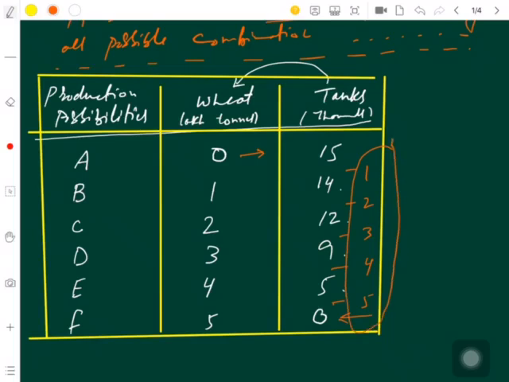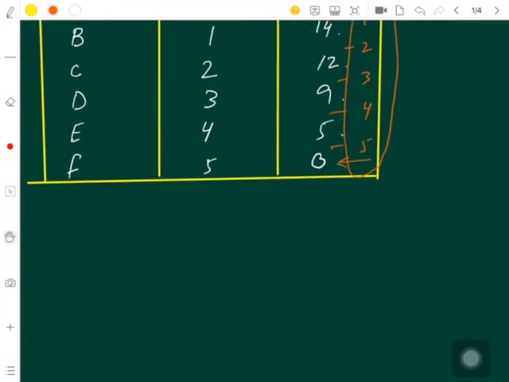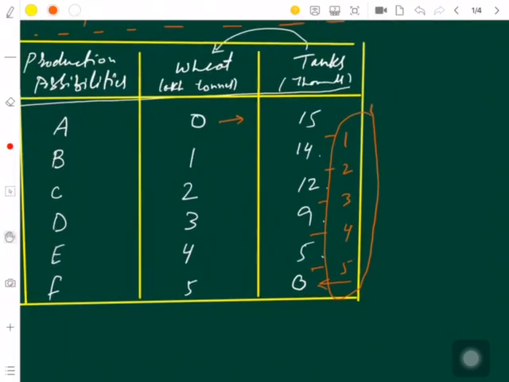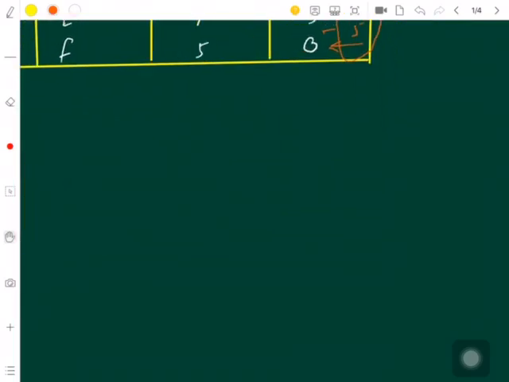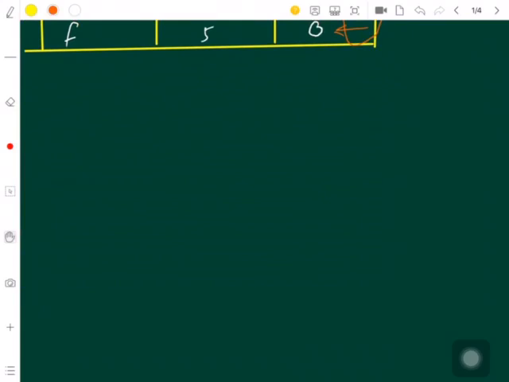But what we will concentrate on is the production possibility schedule, and from this schedule we can make a production possibility curve now, which will tell us a lot about the features which we were talking about.